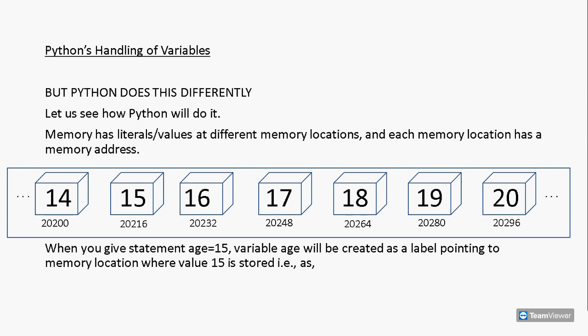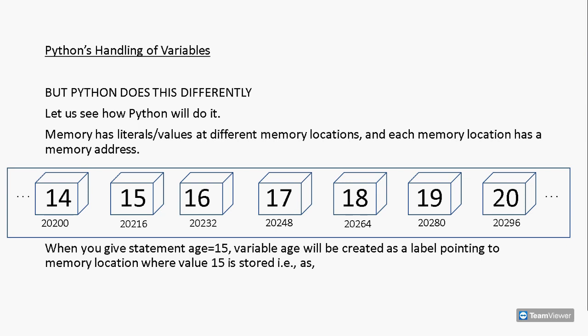Now let's see how Python handles variables. Memory has literals, values at different memory locations, and each memory location has a memory address. Let's assume that the values 14, 15, 16, 17, 18, 19, 20 are stored at memory locations 20200, 20216, 20232, 20248, 20264, 20280, 20296 respectively, and so on.